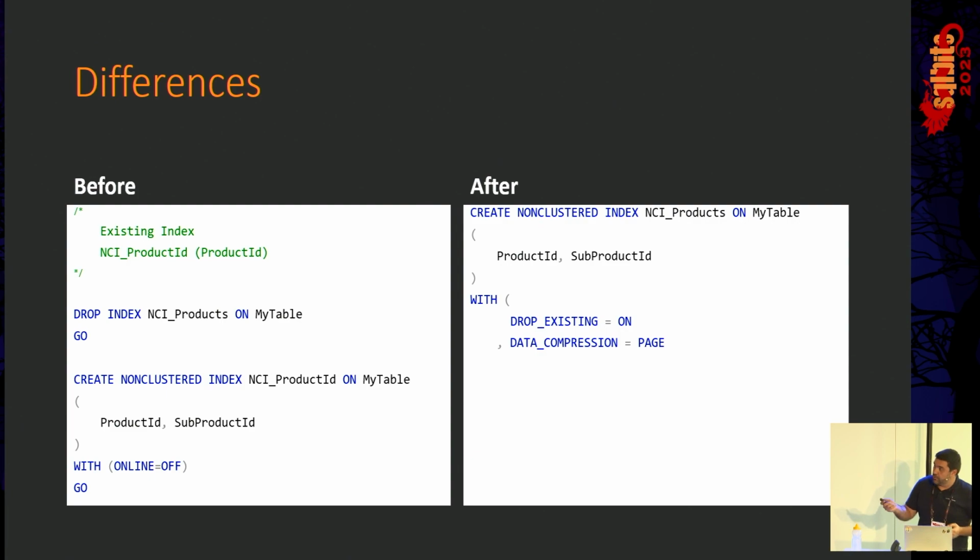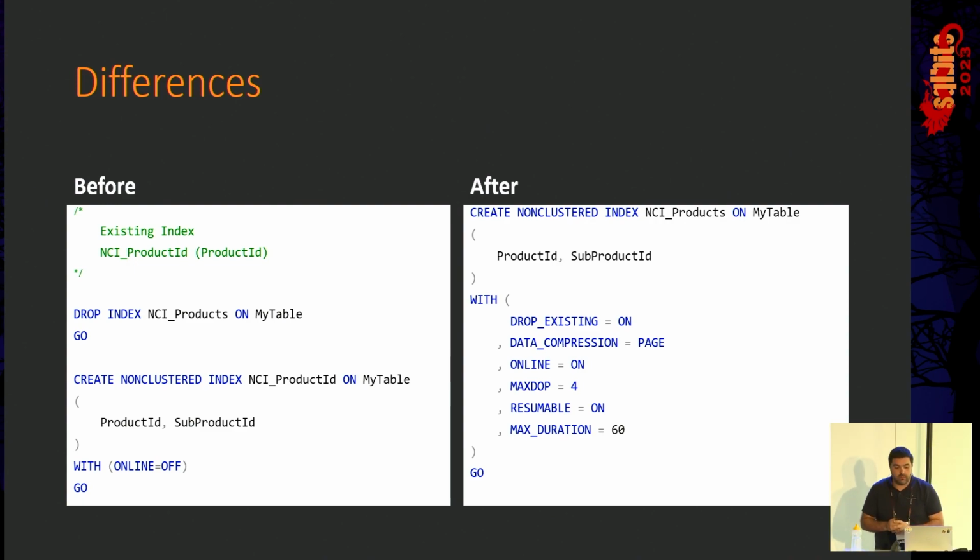And data compression page, because I ran sp_estimate_data_compression_savings and I saw that I could gain like 50% space. So test that because sometimes it's a huge saving. Also online on, and max DOP 4, resumable on, and I'm willing to wait 60 minutes, otherwise it will pause the creation of this index, okay?